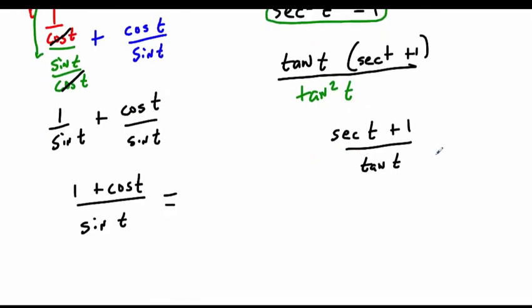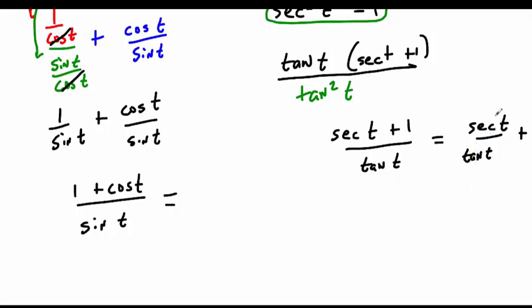And now I can actually split this. And let's put them all in terms of sine and cosine though. If I want to split this in half, I can put secant of t over tangent of t and then 1 over tangent of t.